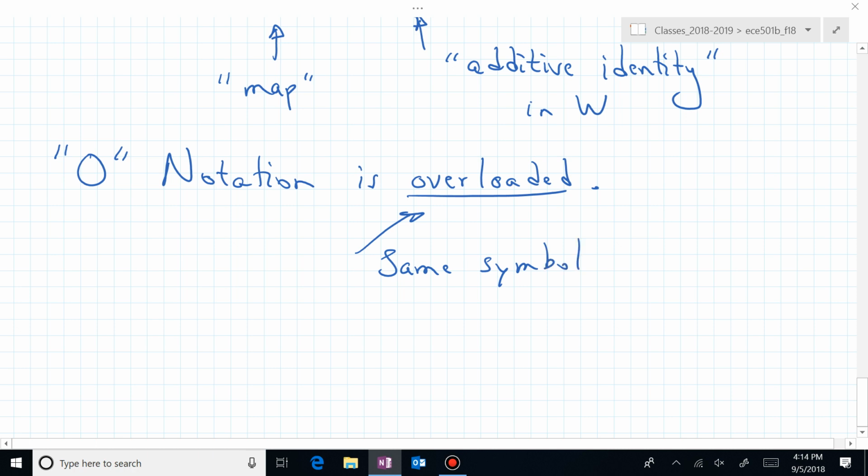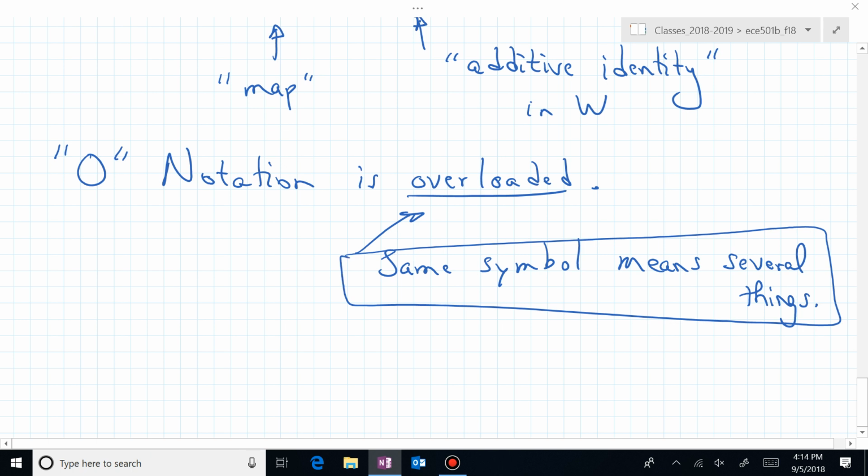I'm sure somebody is going to say, well, why don't you put a bar over it, or why don't you bold it, but it's probably more convenient actually to just leave it as the same symbol, and then you understand by context what that represents. The same symbol means several things. That's what I mean by overloaded.